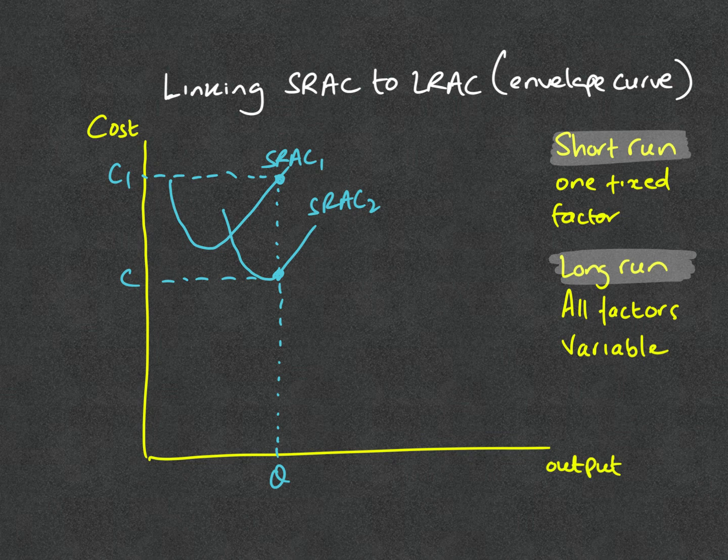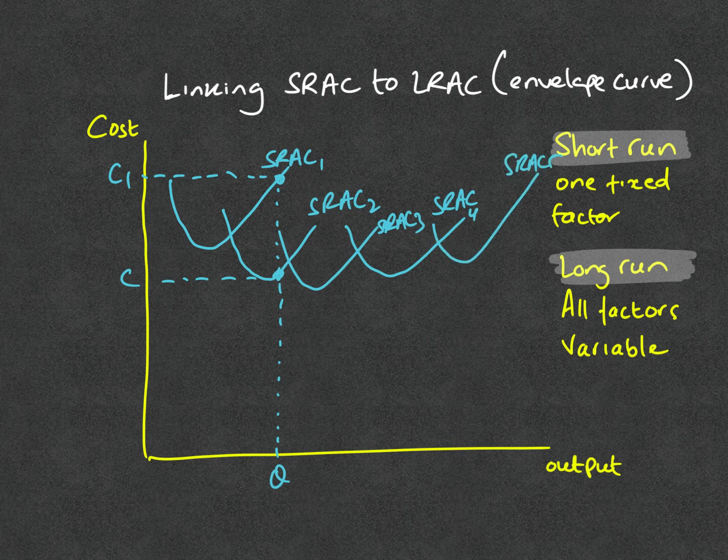Finally, if we sketch through the curves that we had done previously, SRAC3, and then SRAC4, and finally SRAC5. Again, if you were to draw quantities throughout this, you'd notice that wherever the quantity is, it would correspond to the lowest cost.